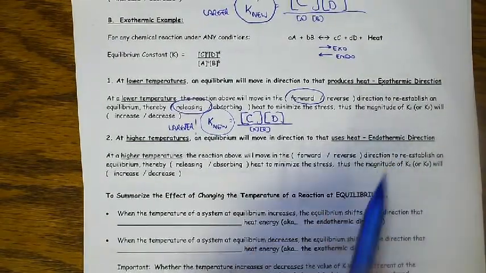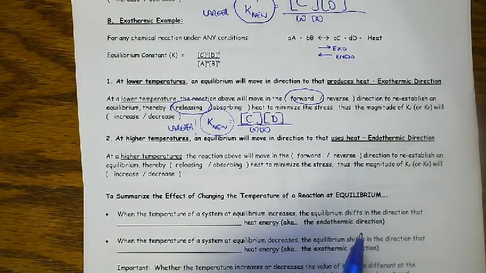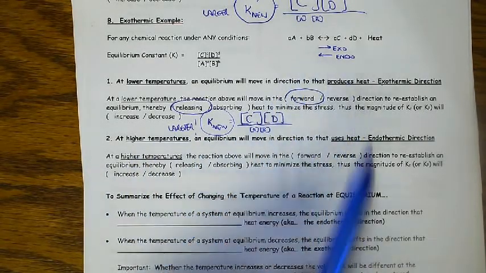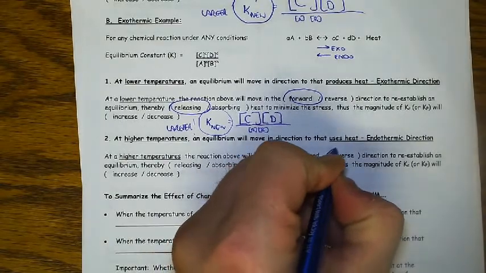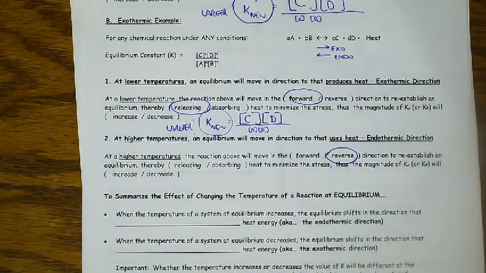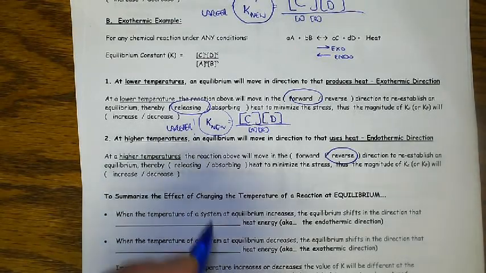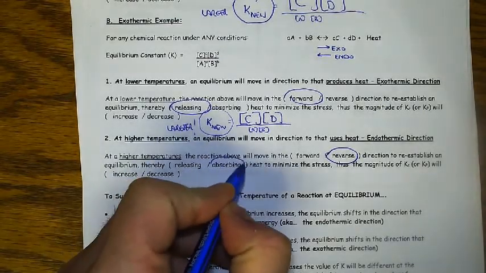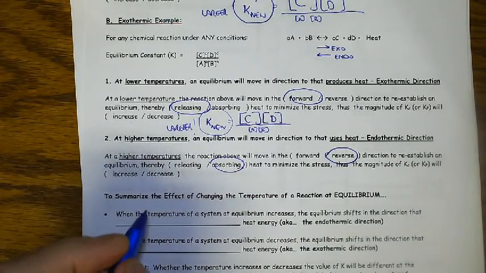At higher temperatures, the same reaction would want to go in a direction that uses heat, or the endothermic direction. So at higher temperatures, this one would go in the reverse direction to reestablish equilibrium, thereby absorbing heat to minimize the stress.